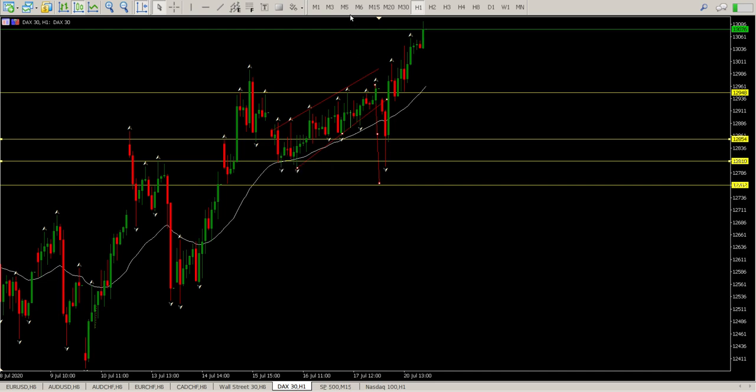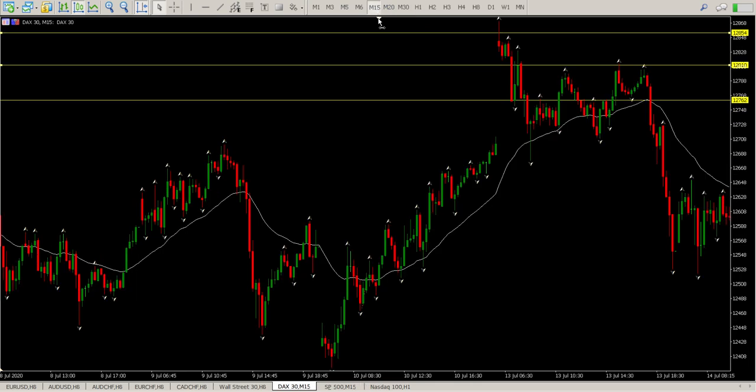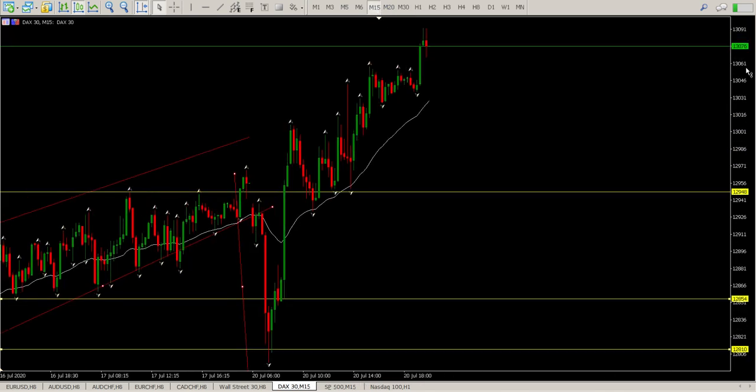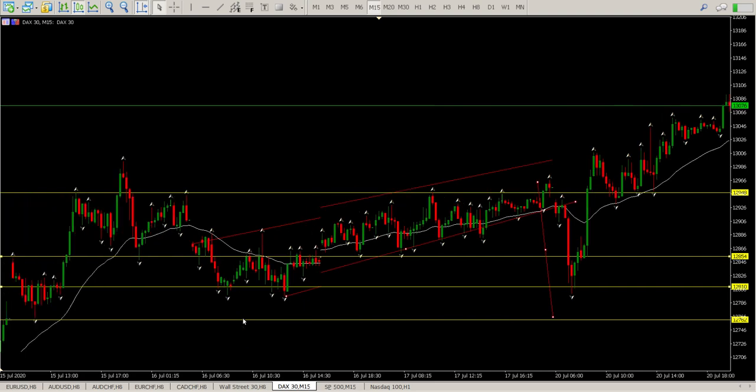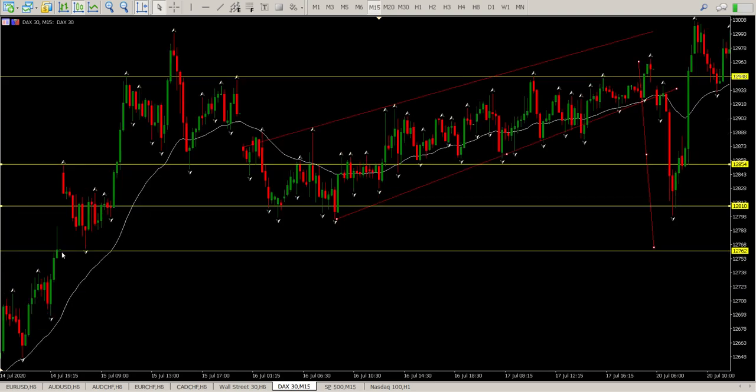If you come back to the 15 minute, you'll see exactly what transpired here. Pin bar right off that inside tail level, and the rally started from there. So often what happens is you're trading against a trend and you have a measured move where you've got a target that you're aiming for, and it's always a big juicy one, and that gap is a big juicy one because it's the most logical one.